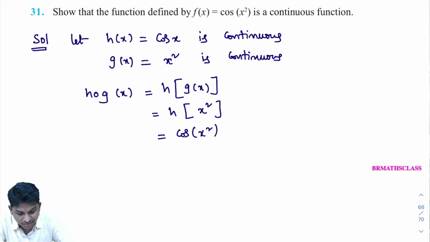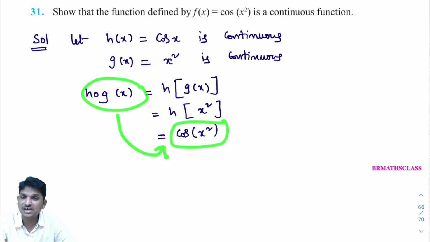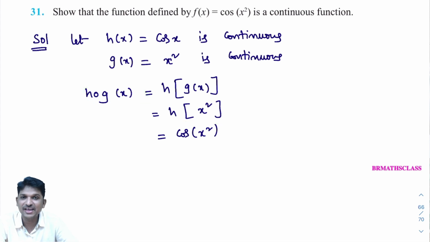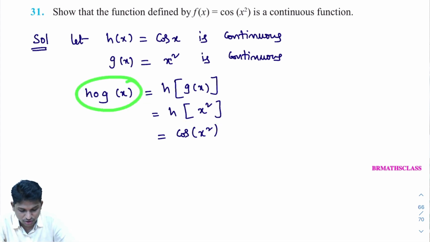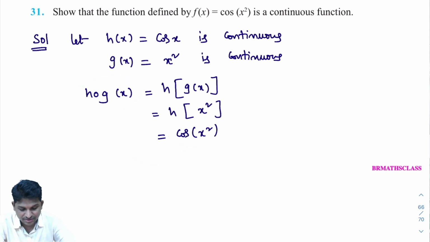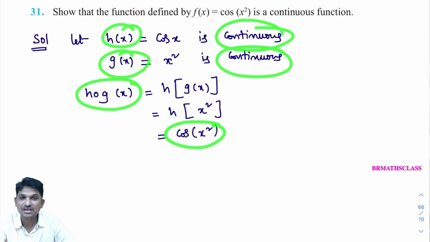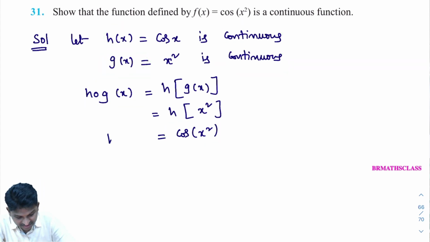For what function we are looking? We got the same function or not? We got it. In case if you didn't get, then we will calculate g circle h. Here luckily h circle g of x is cos of x square only. I hope you are understanding, right? So h circle g of x is cos of x square. So what I am trying to say here, h of x is continuous, g of x is continuous, then we know that h circle g is continuous.